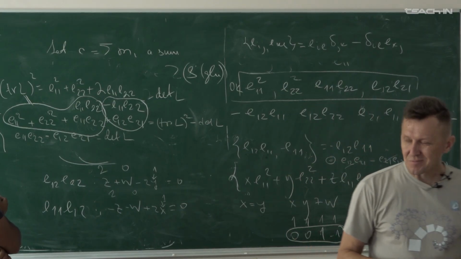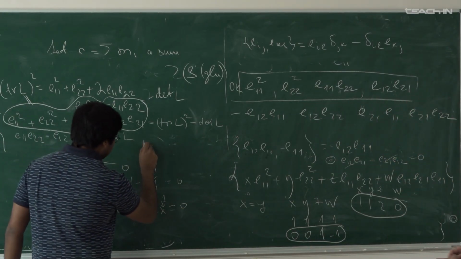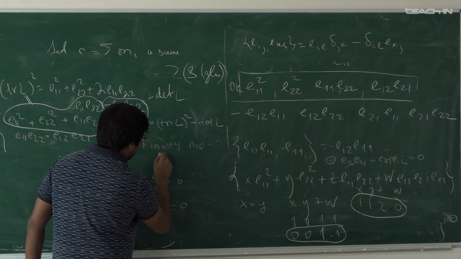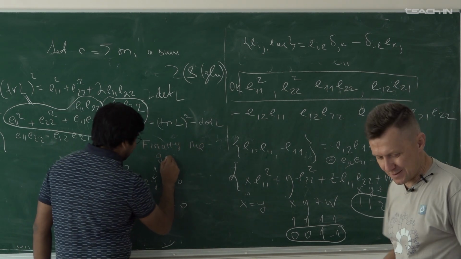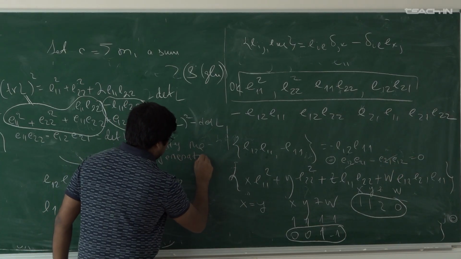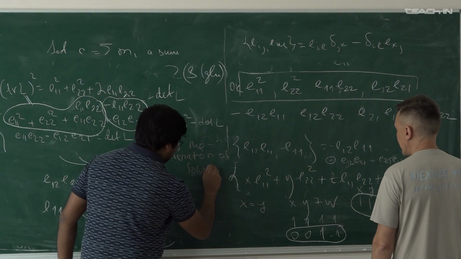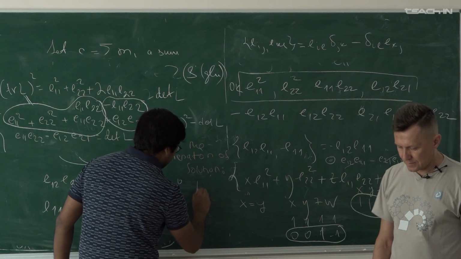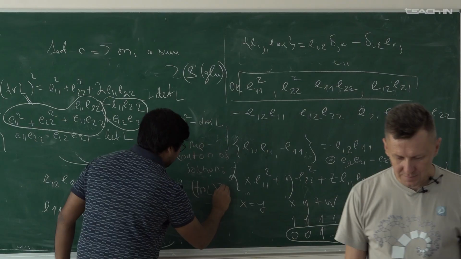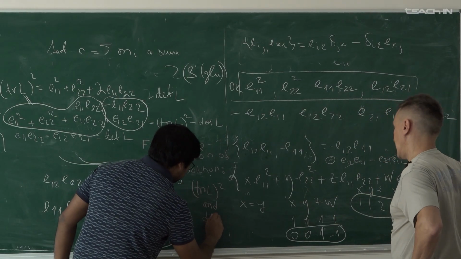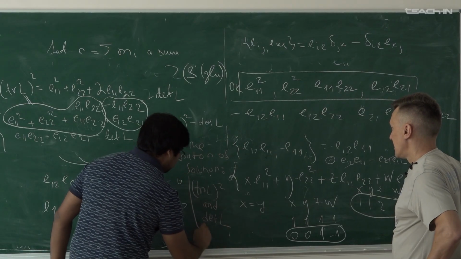So finally, the generator of solutions is just the trace L square and determinant L.